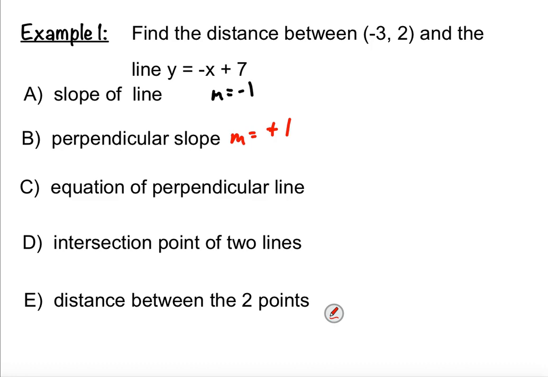Now let's write the equation of the perpendicular line. We're looking at a slope of 1 and the ordered pair (-3, 2). So I'm going to use y minus y1 equals m times x minus x1. My y1 is 2 and my x1 is -3.